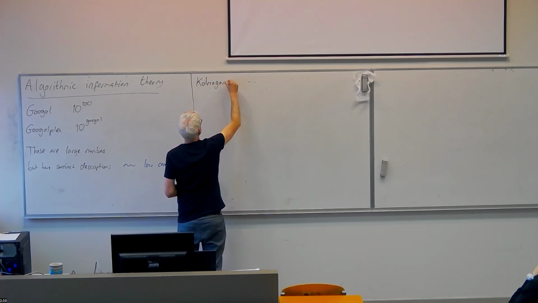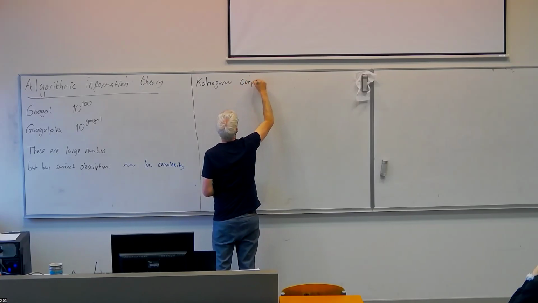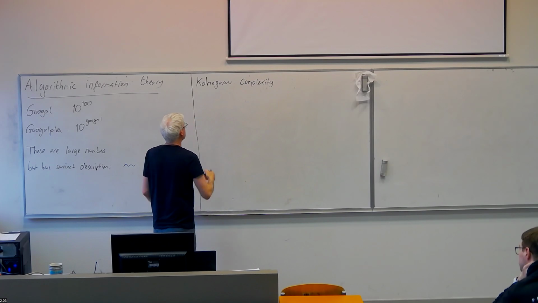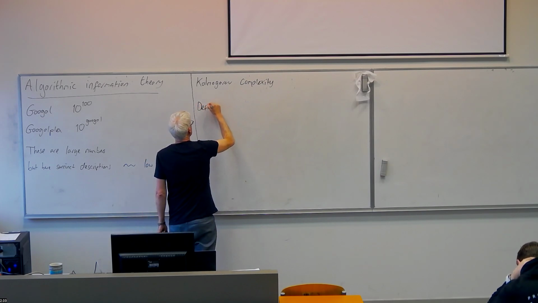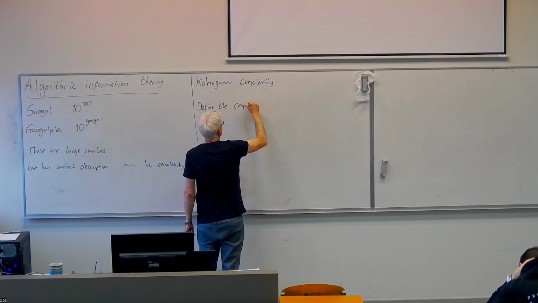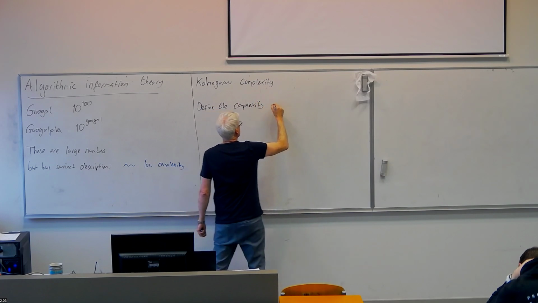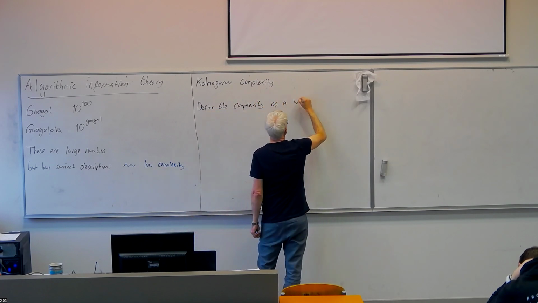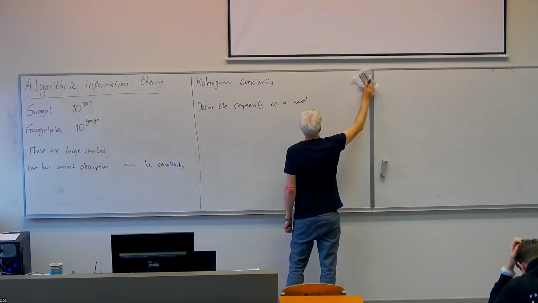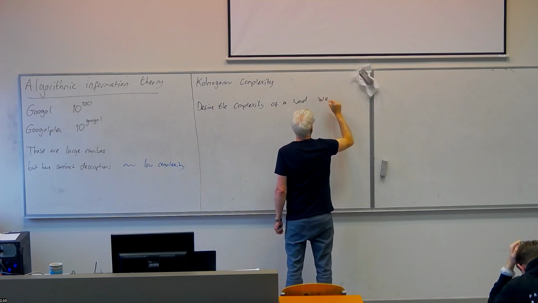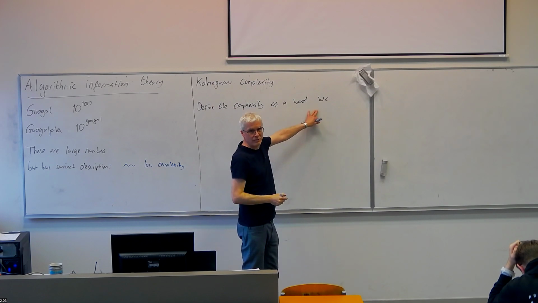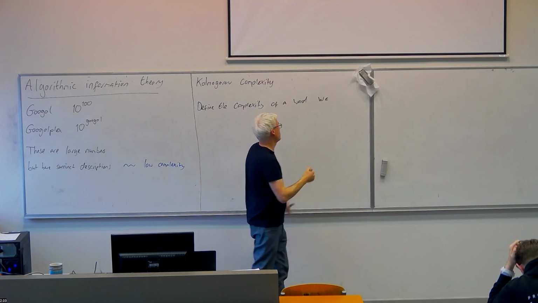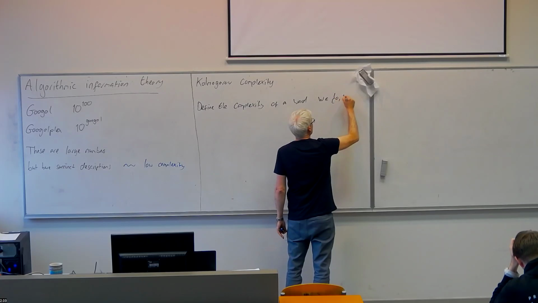Kolmogorov complexity, the intuitive idea: the complexity of a word W, and just to have a convenient fixed alphabet, we'll consider bit sequences, so we'll always have the binary alphabet.